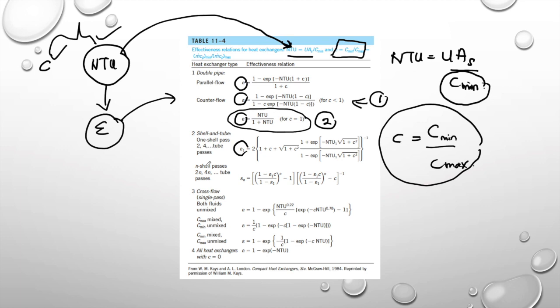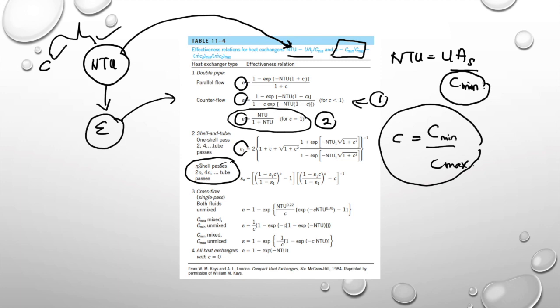If you have more than 1 shell pass, for example, in your last tutorial you have 2 shell passes, 4 and 4, 8 and so on tube passes. So you will refer to the next. We have this n shell passes, 2n, 4n tube passes.